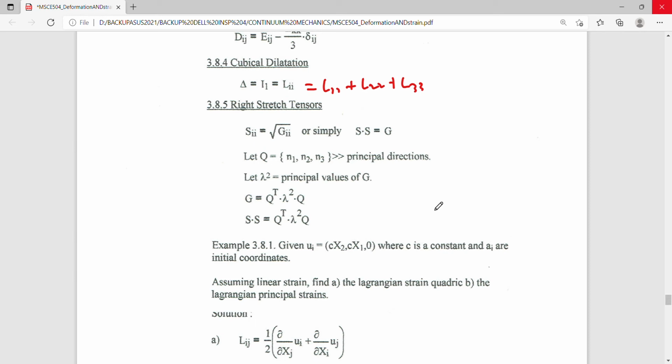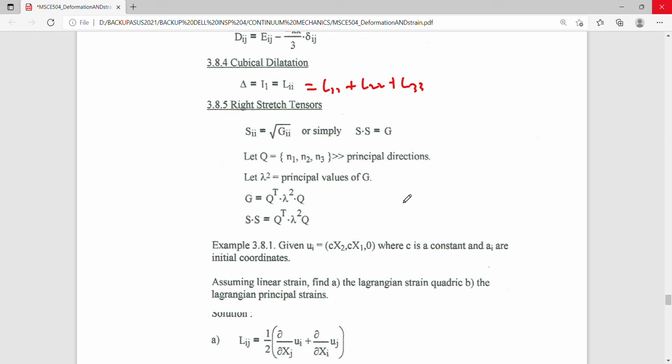In terms of stretch. This is no longer the stretch ratio, but rather the actual stretch. When you say right stretch, you are actually referring to the Green description, which has something to do with the Lagrangian. Okay, remember that G is related to the Lagrangian description.